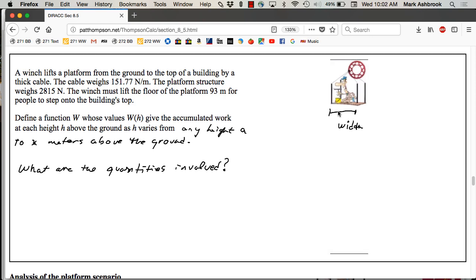Let's see. Rachel, what did you think? What was the quantity you thought was important? Just one, or two if you want. The distance pulled up, okay. So the distance moved. The platform.